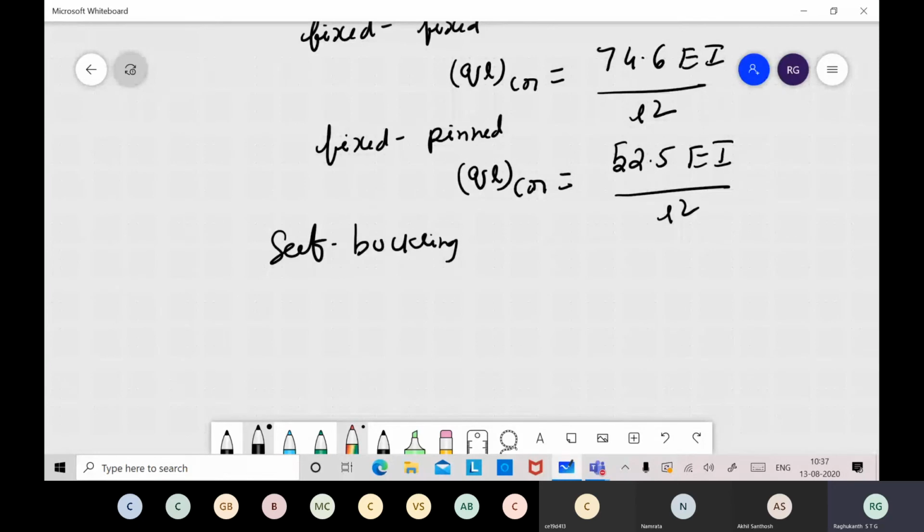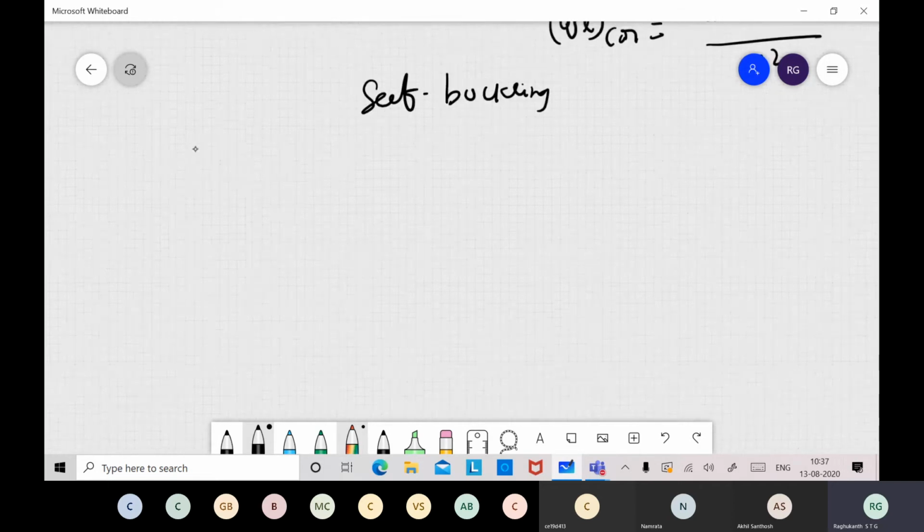Before I close, somebody asked in the last class, I don't know who, about the lateral distributed load, or lateral disturbing load.